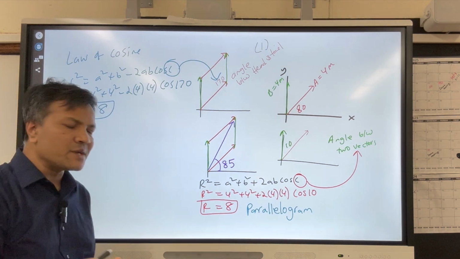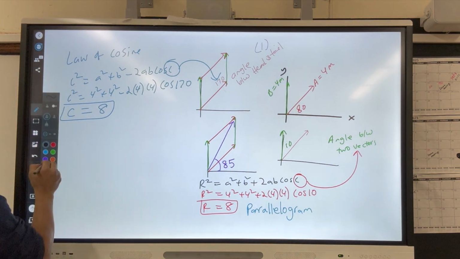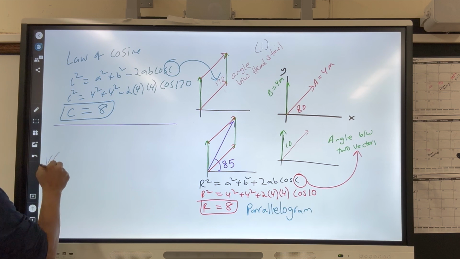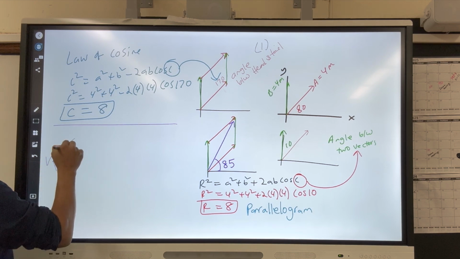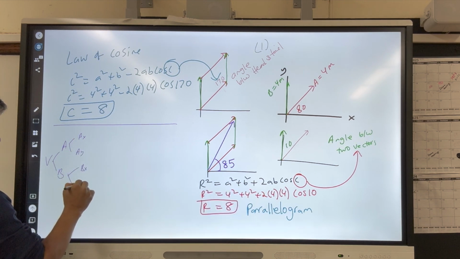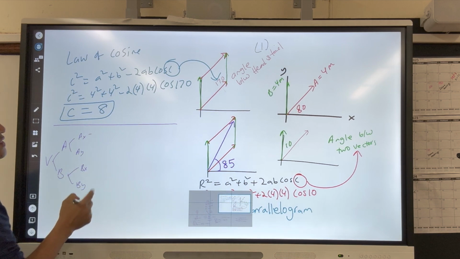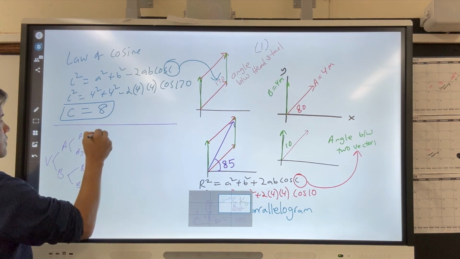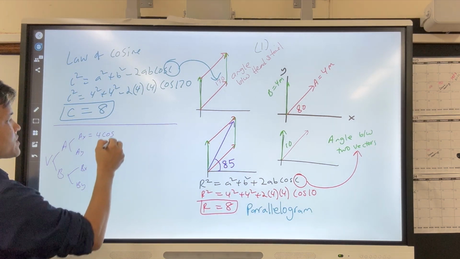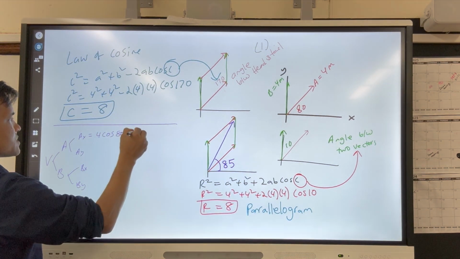Okay. Now you can use trigonometry. How many vectors? A and B: AX, AY, BX, BY. AX is, of course, 4 cosine 80, which is 0.7.